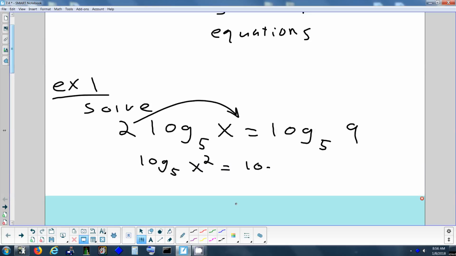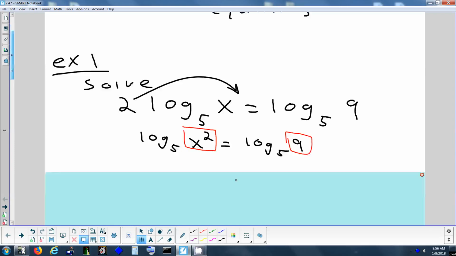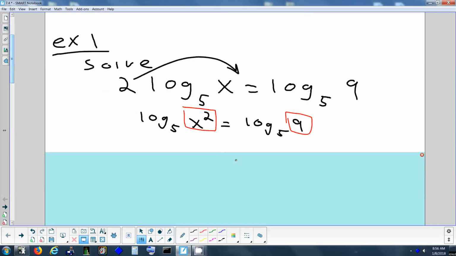And we're taking the log of 9 using base 5. So since the log bases already match, we just have to make that match that. If you can find a number you could plug in for x on the left, square it, and get the same thing in the red box on the right, that's the answer. Does anybody see what you could plug in for x and make it work? 3. Yeah, x is 3.